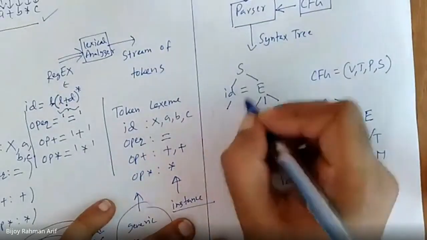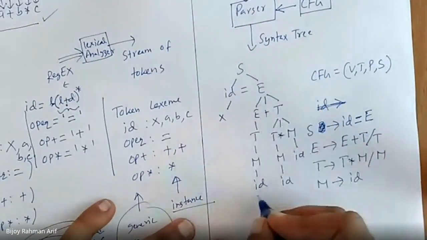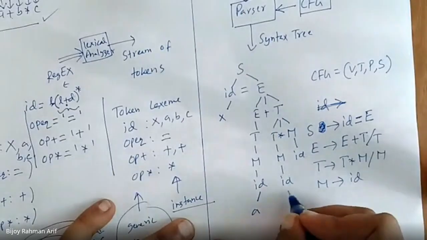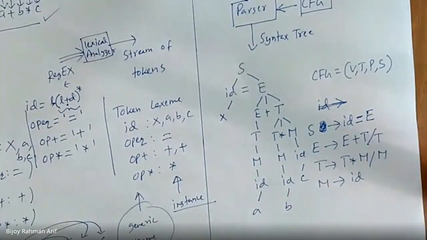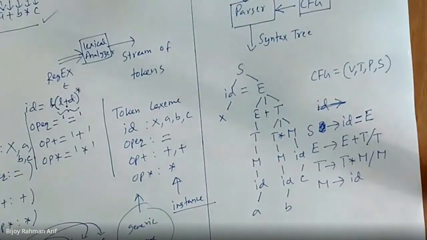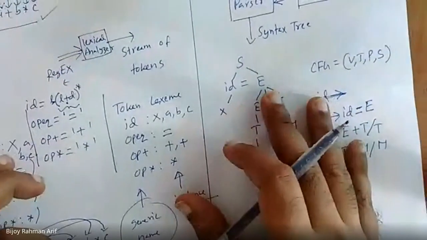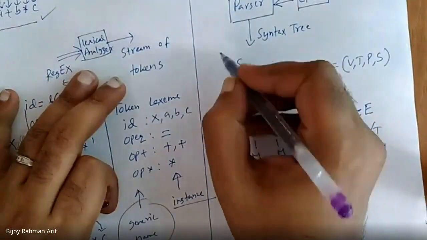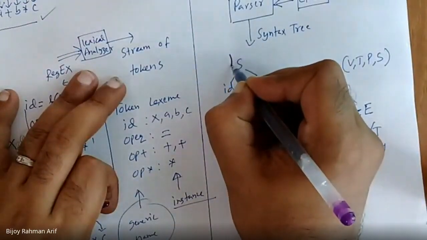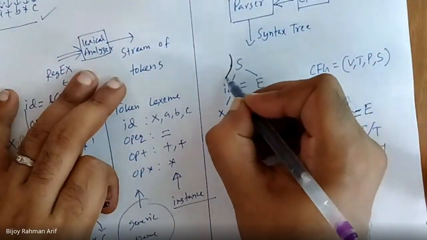Now if I replace this ID with X, this one with A, this one with B, and this one with C, and traverse this syntax tree from top to down, left to right, considering only the terminals, not variables, what do I get?